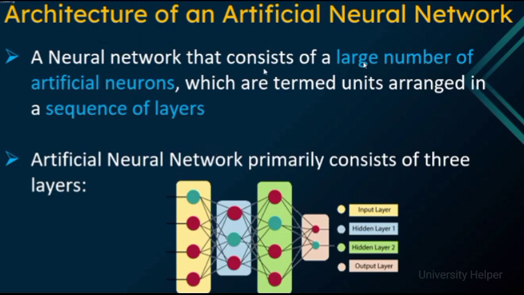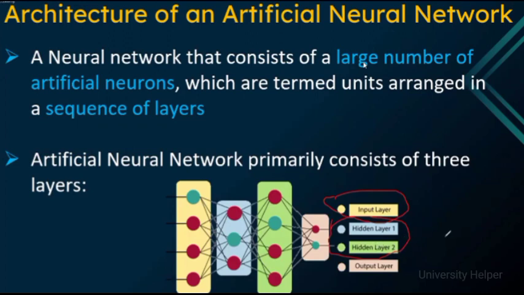We already discussed that a neural network consists of a large number of artificial neurons. Artificial neural networks primarily consist of 3 layers. The first one is the input layer, the second one is the hidden layer. Don't get confused with the hidden layers; we will discuss how many hidden layers can be incorporated according to the data set.